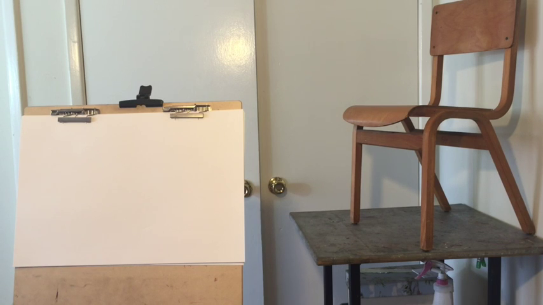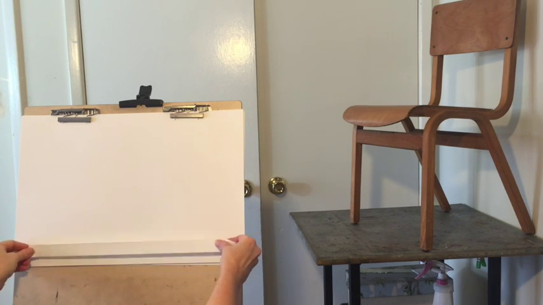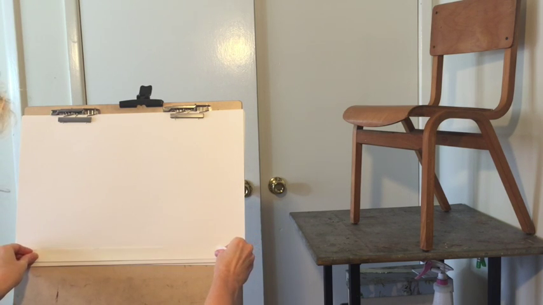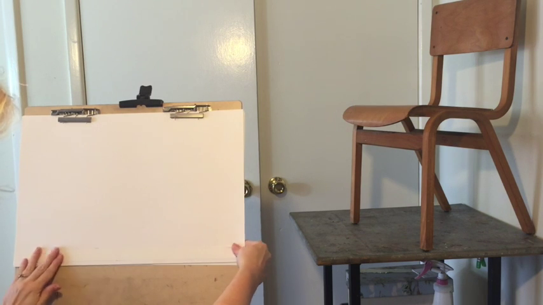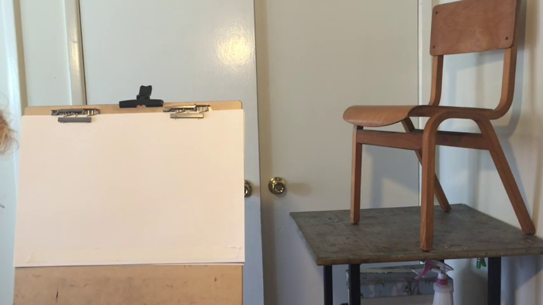So the next thing I'm going to show you is how to tone your paper for this project. I recommend that you use some art tape or painter's tape. It needs to be not very sticky so you don't tear your paper. And mask off your edges.